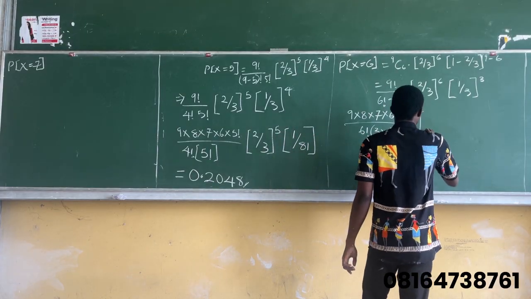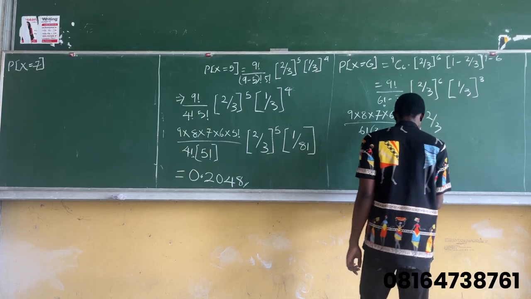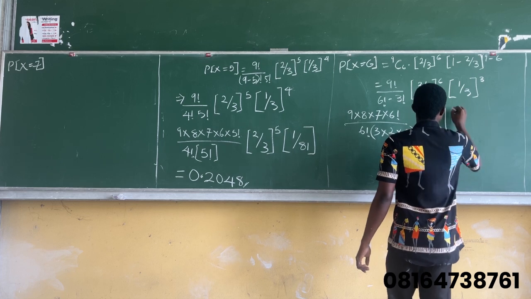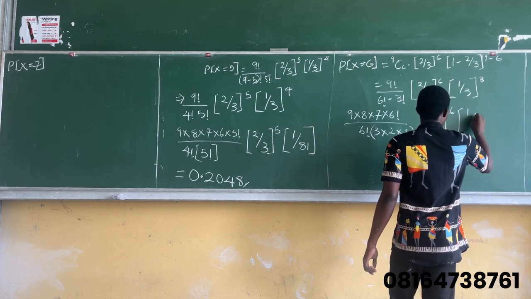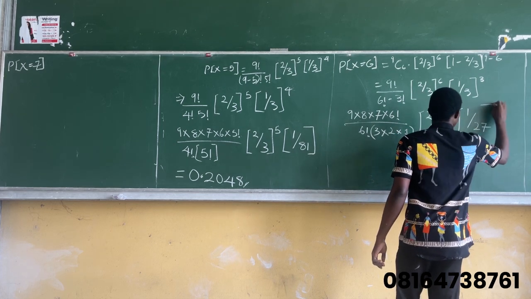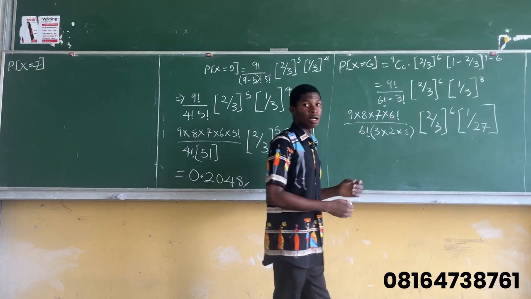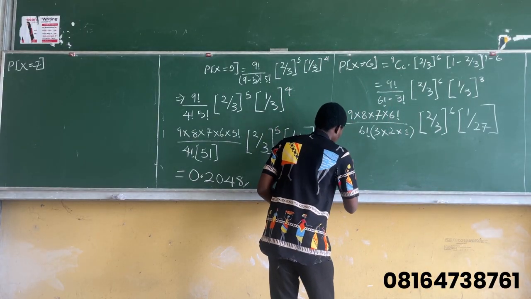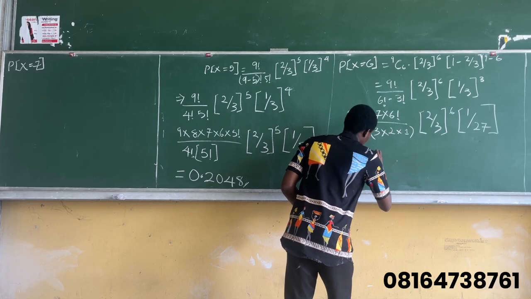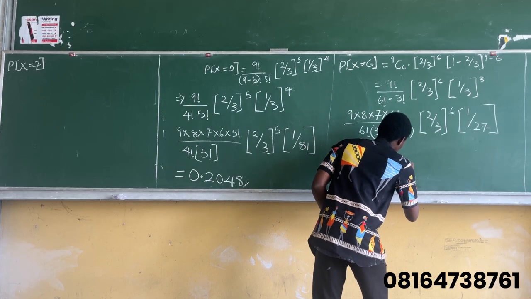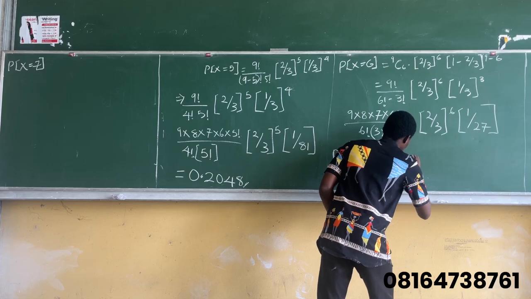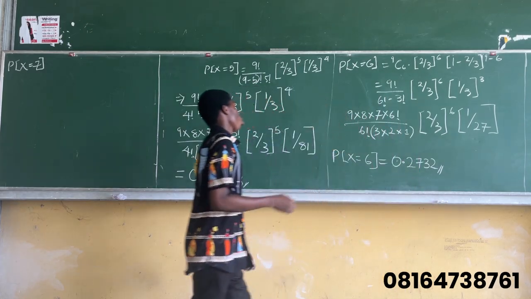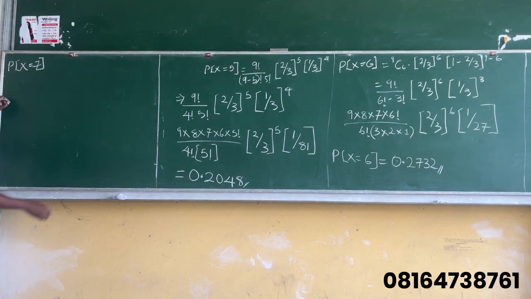So this 2 over 3 to the 6, times 1 over 27. So if you punch this in your calculator, what do you get? 0.2732. So now we'll be doing the same thing for x equals 7.